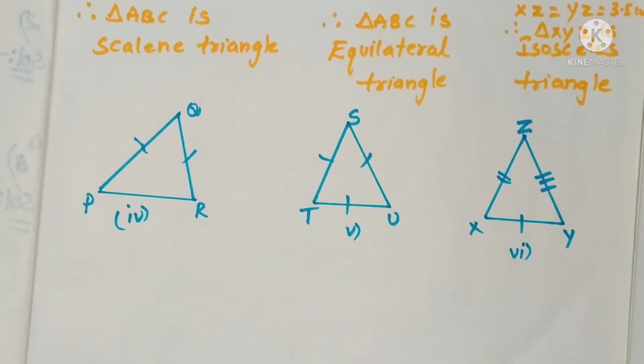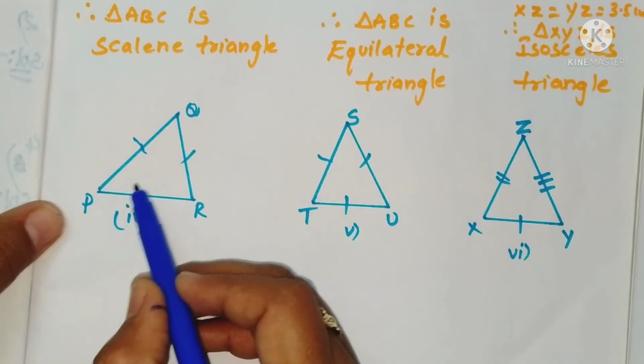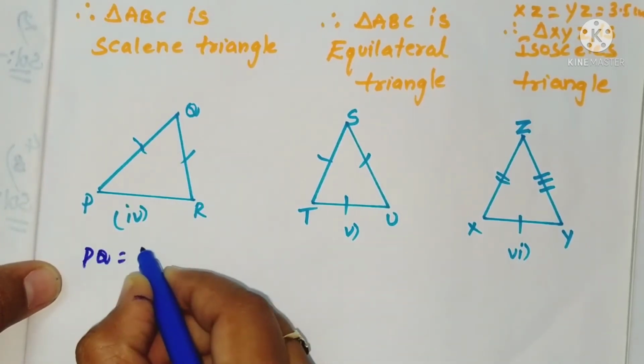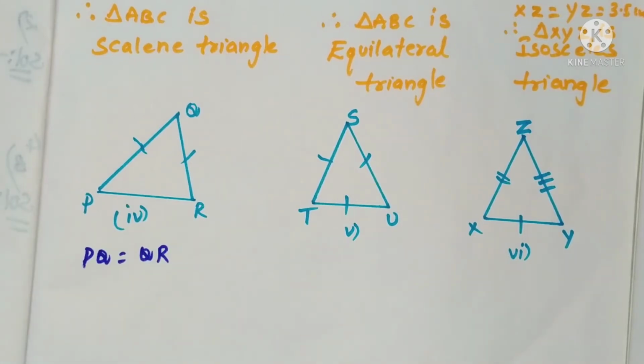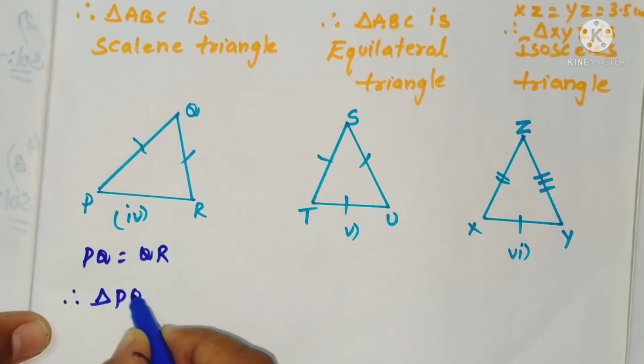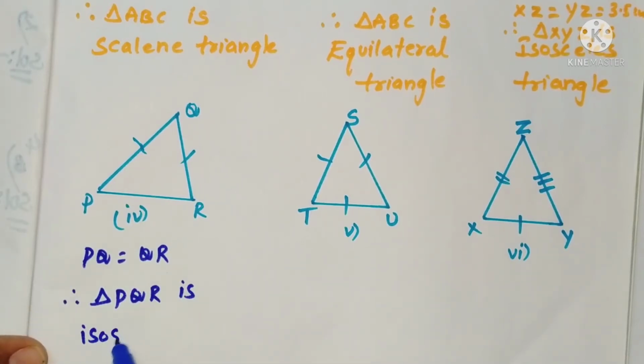So fourth one, here strokes are there, no? So they mean PQ is equal to QR. PQ equals to QR. So two sides are equal, no? So triangle PQR is an isosceles triangle.